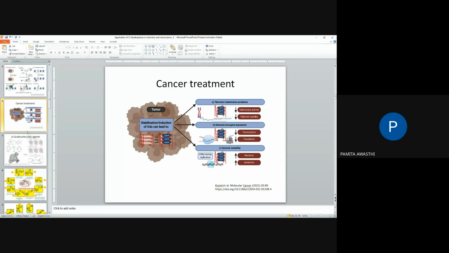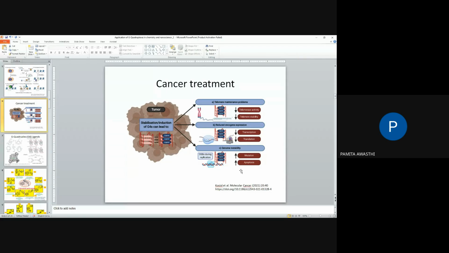So an undying cell means replicative immortality, which leads to cancer, right? So, by protecting the proliferation of the chromosomal end.